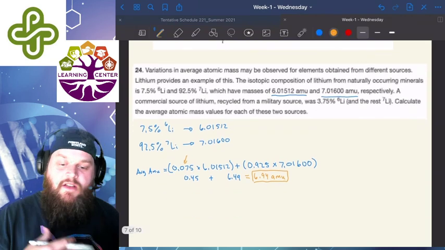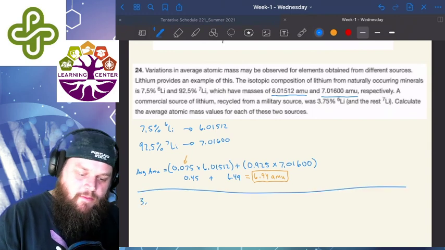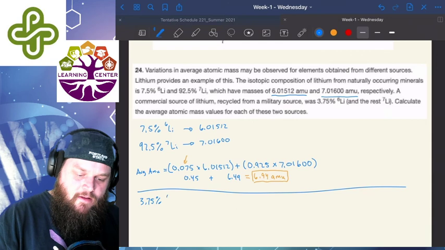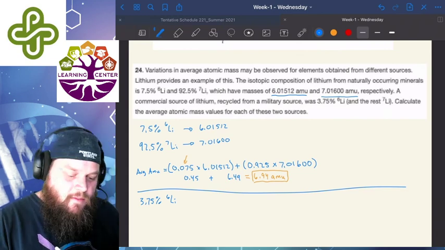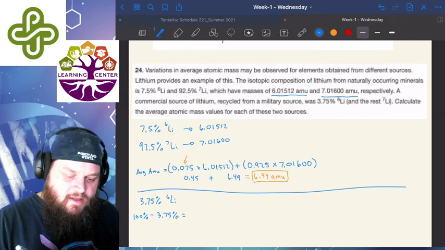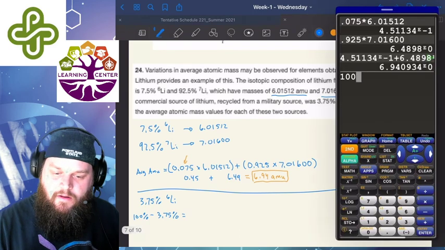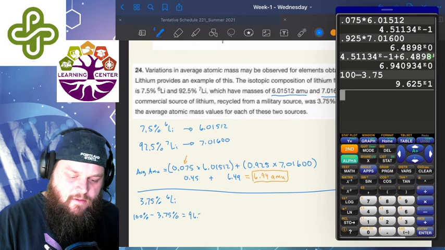Since there's 100% in everything, I'll write 3.75% lithium-6, and it's the same atomic weight as before, and then the percentage of lithium-7 is really going to be 100% minus 3.75%, which in this case, pulling up our calculator, 100 minus 3.75, is going to be 96.25.